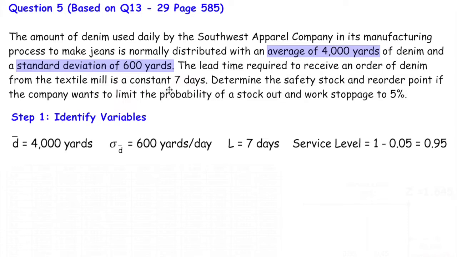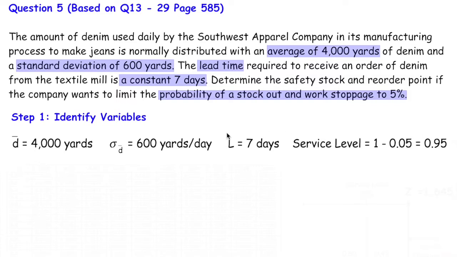The lead time is a constant 7 days, and so L should be 7. And our service level is 95%. That's simply because the probability of a stockout is 5%, and so our service level is the complement of that: 1 minus 0.05, 0.95.